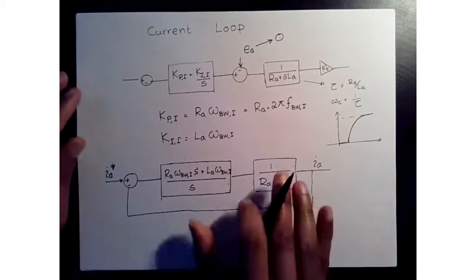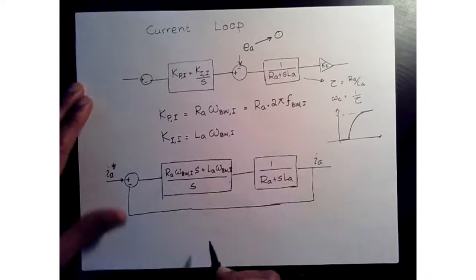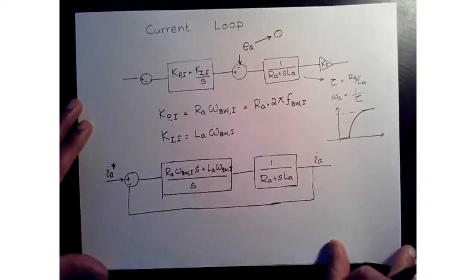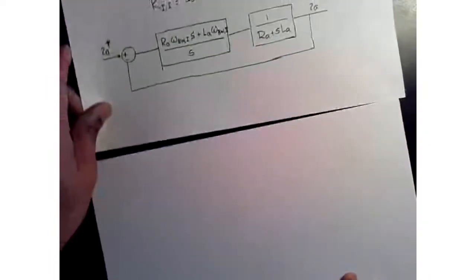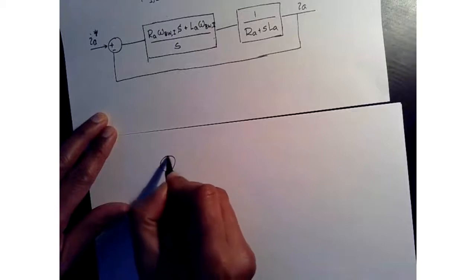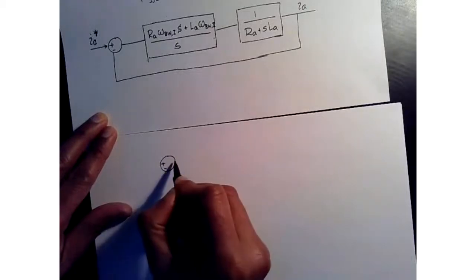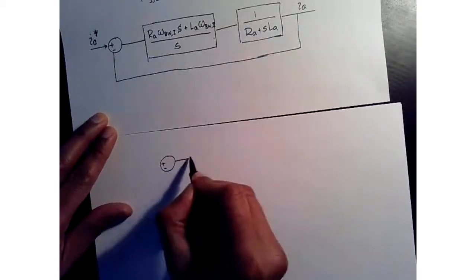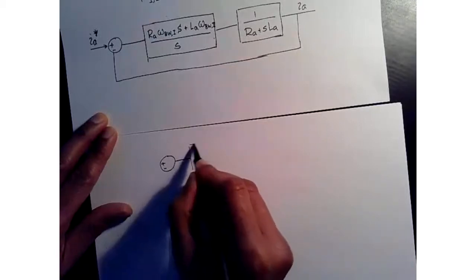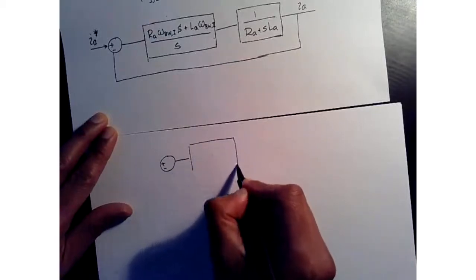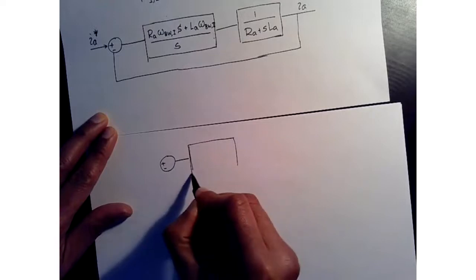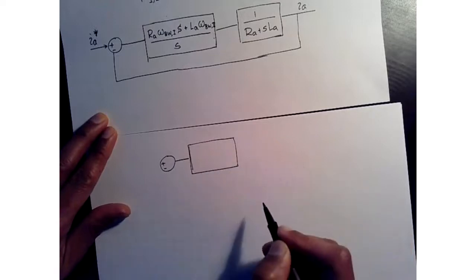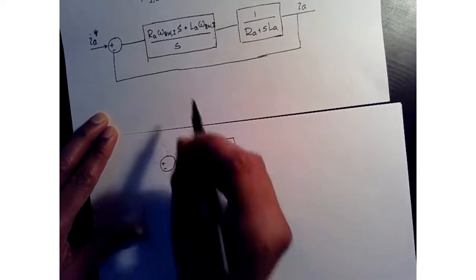Now I'm going to simplify this a little bit more so that it highlights the point I'm trying to show. There are different methods, different approaches to take. This is a quick and dirty method to design your PI controller if you know your plant characteristics, at least reasonably closely.